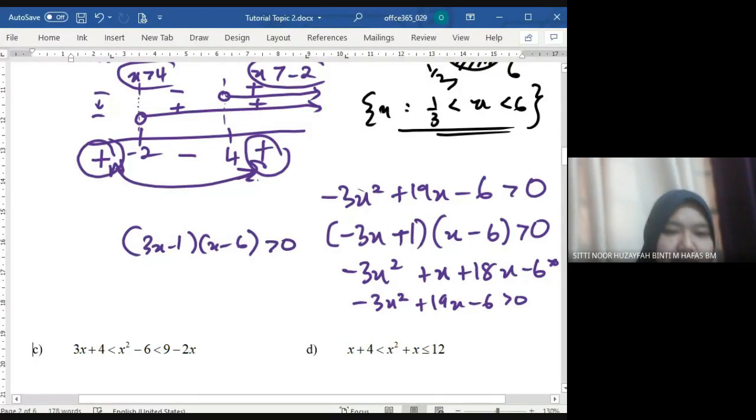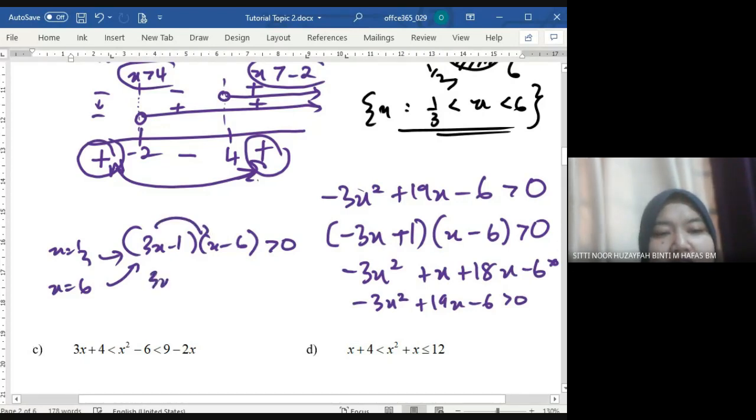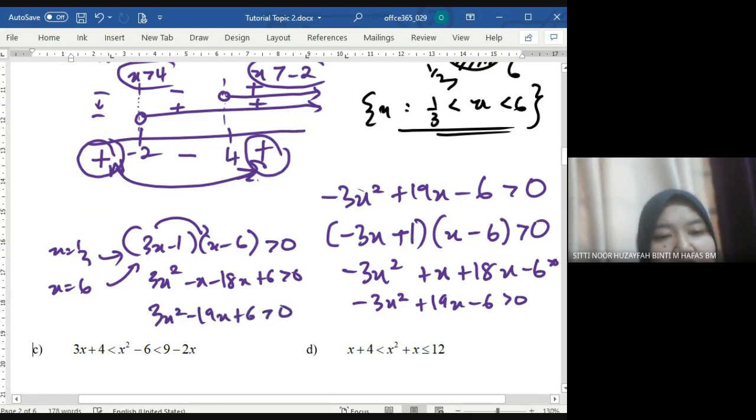Betul tak? Guna calculator memang dapat x sama dengan 1/3, x sama dengan 6. Tapi bila you expand balik, apa yang you dapat adalah 3x kuasa 2 tolak x tolak 18x tambah 6, which is 3x kuasa 2 tolak 19x tambah 6 more than 0. Salah ni. Statement dia tak sama ni. Kita nak yang ni.